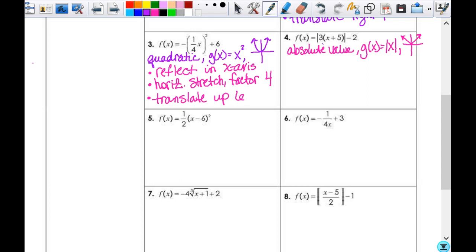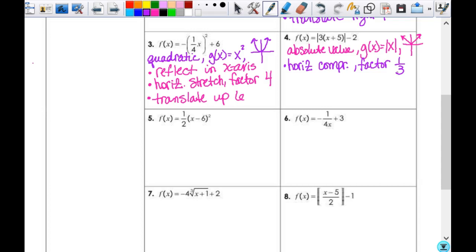And anything that affects x is a horizontal thing, right? So this is going to affect me horizontally. Is it a stretch or a compression? Compression. And the factor would be what? 1/3.